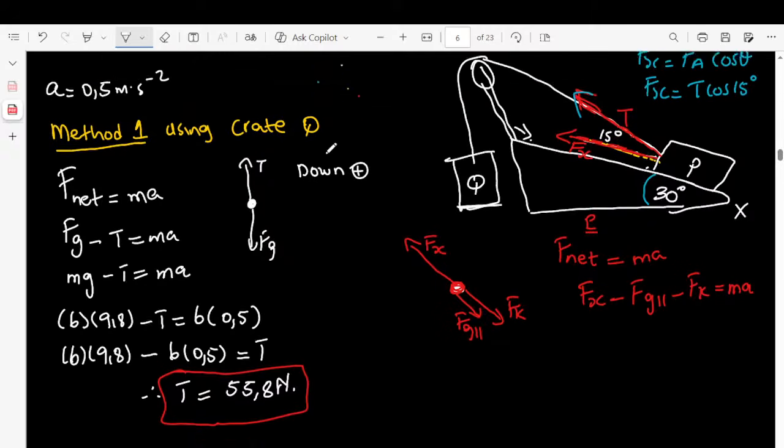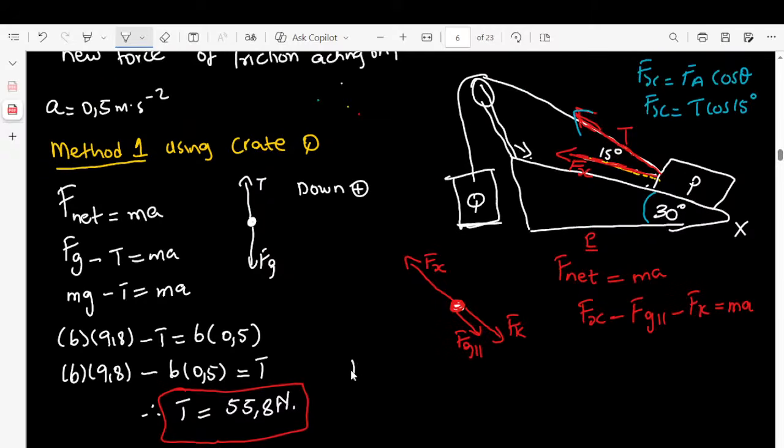Okay, what I'm trying to say, Fg parallel, it's equal to mg, the sine of theta. Right. So, if we do the substitution, let me just fix this now.